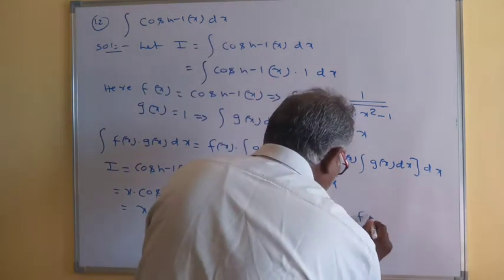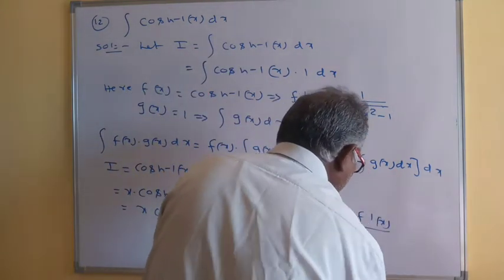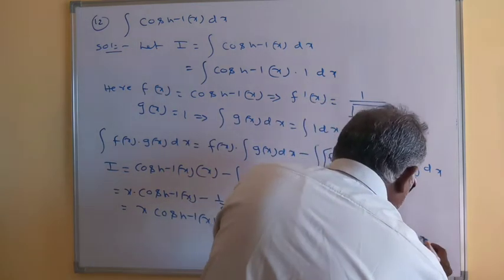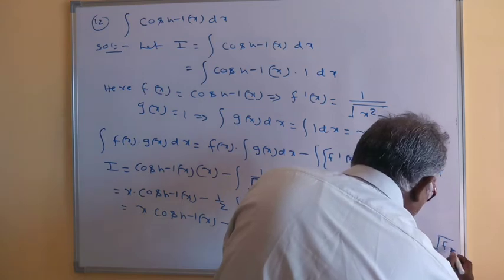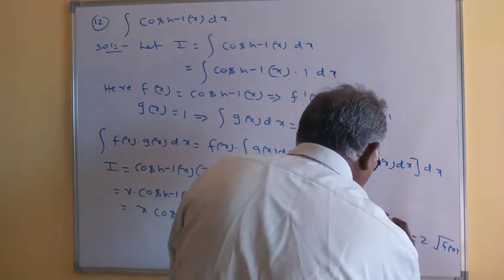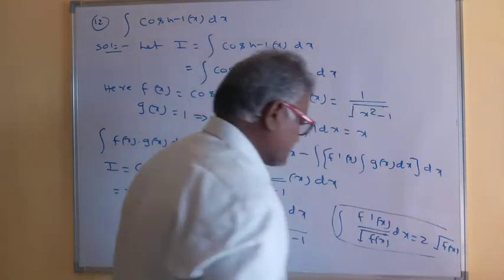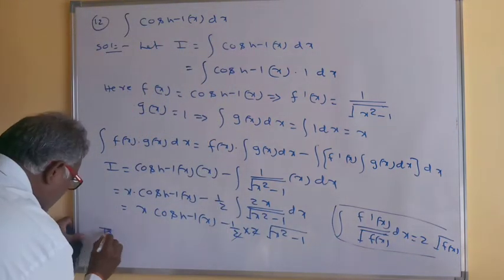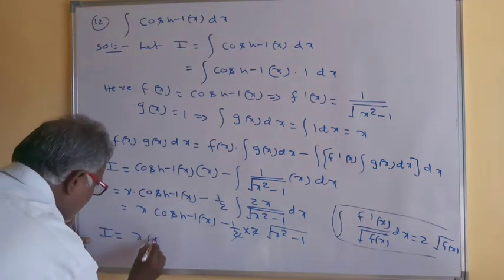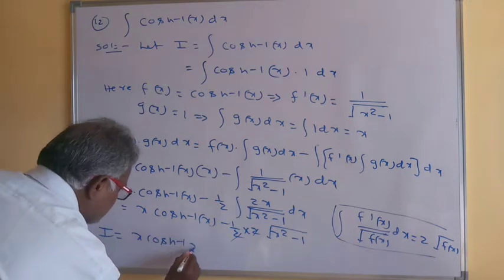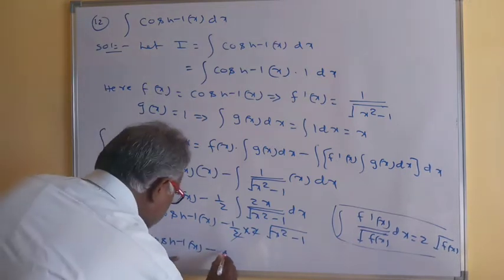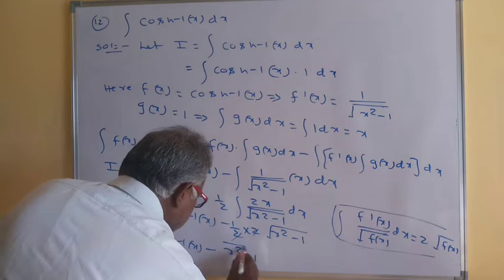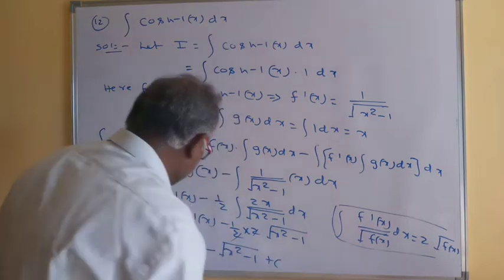Which formula? Same one, f dash x by root f of x dx is equal to 2 root f of x. So the final result is I is equal to x cos h inverse x minus root of x square minus 1 plus c.